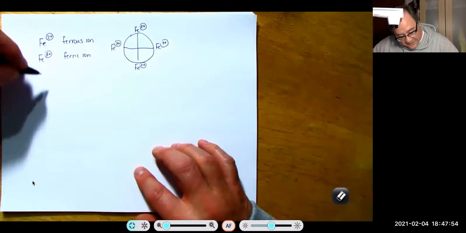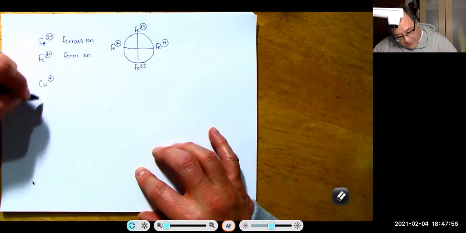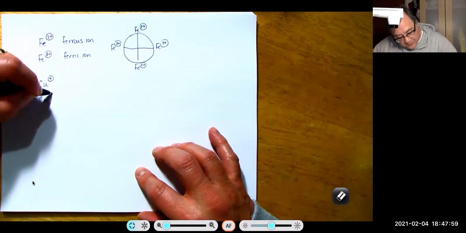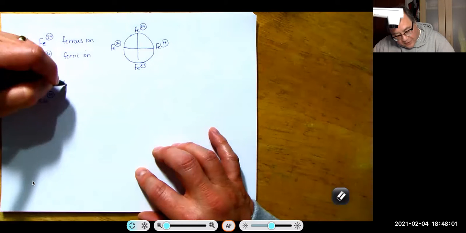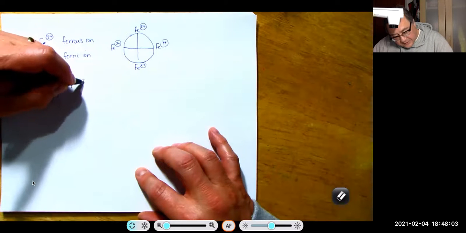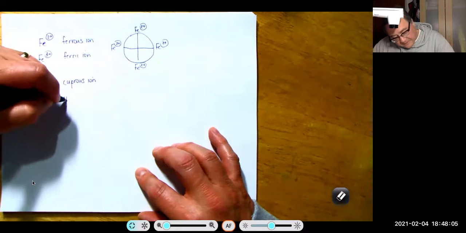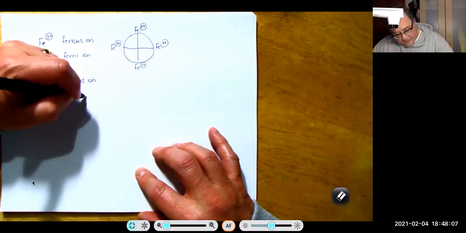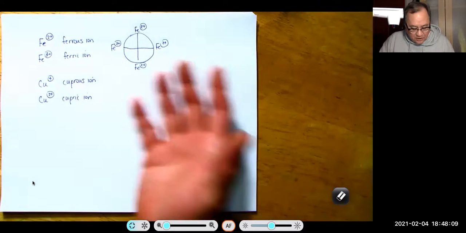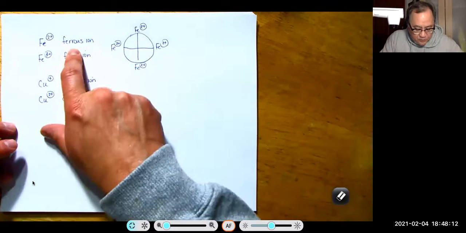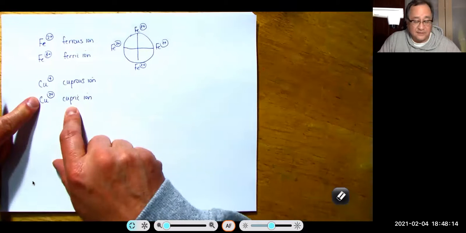Okay. So there's copper(I) and copper(II). This one is cuprous, and this one is cupric. So when you take a look at this, you go, oh, I thought maybe the -ous would be 2s, but they're not.